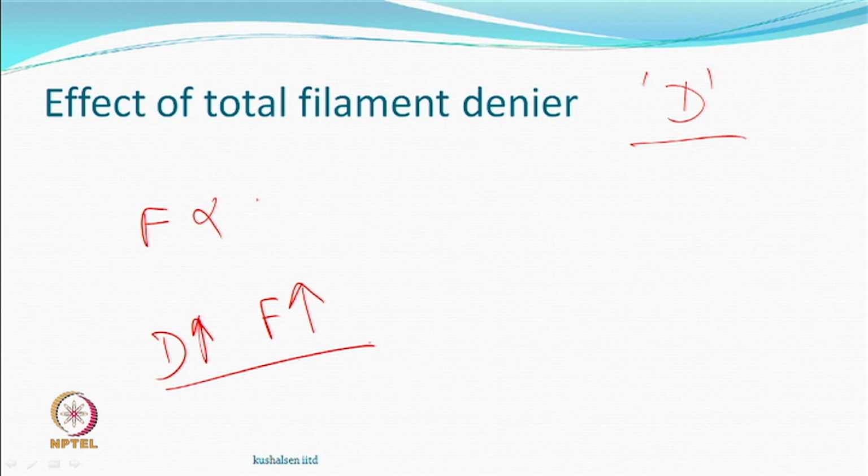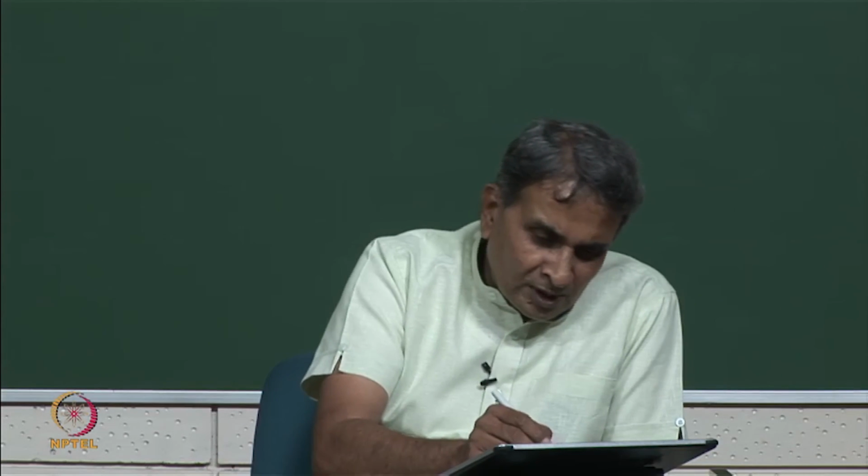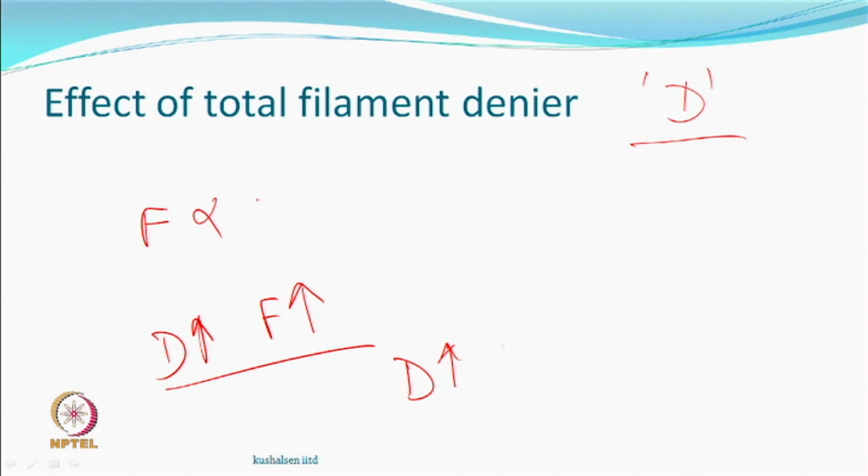So, they did experiments, because they say this is an experimental formula, empirical, and what they found was when you increase the D, F goes down. So, this did not happen. It was interesting for them also.